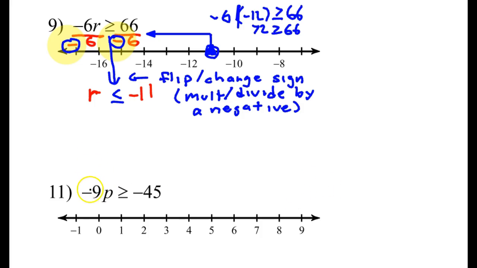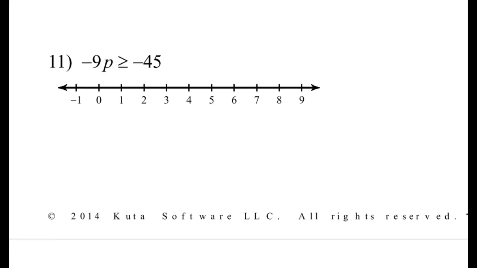Same thing on number 11. You can see we're going to have -9 here, so you're going to have to divide by a negative once again. So small but important detail. We already know all this. Do this to both sides, do that to both sides. So it's really focusing on the open circle, closed circle, and when you divide by a negative, make sure you flip that sign.